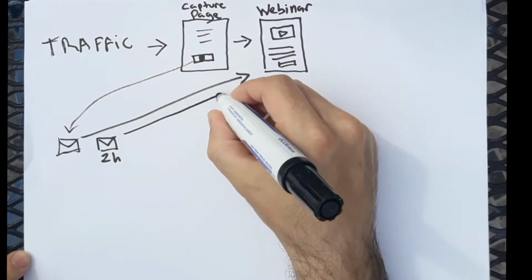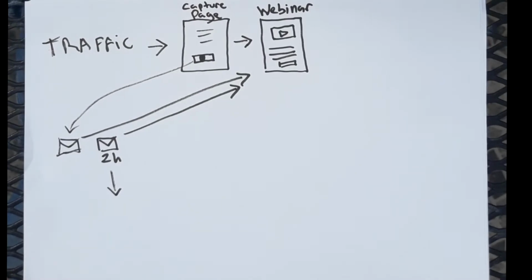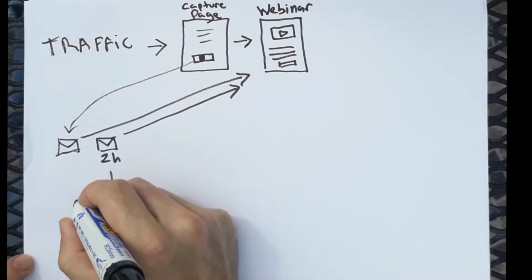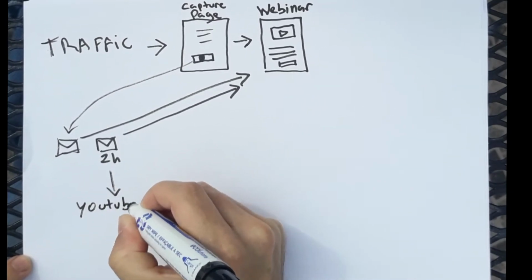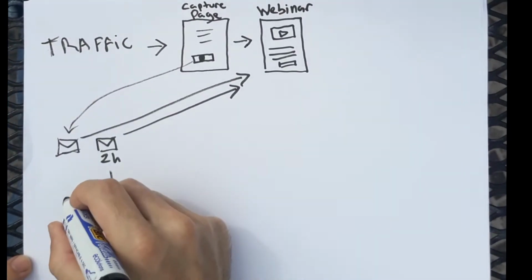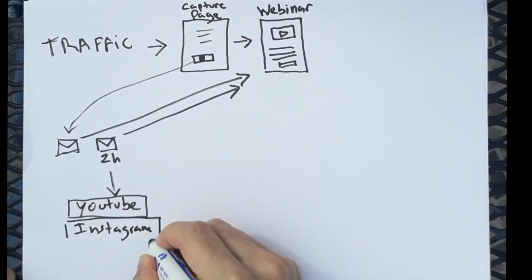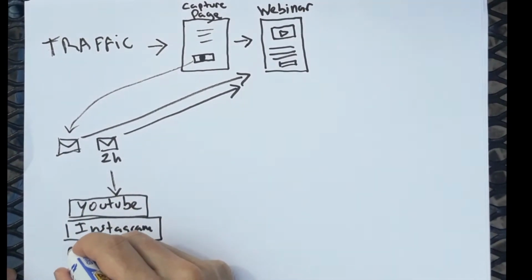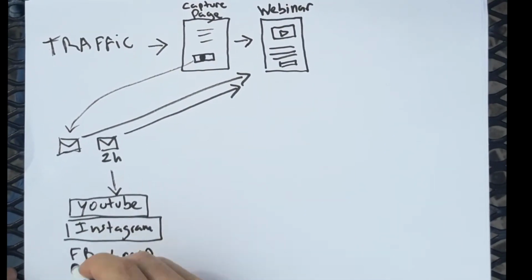Two hours later, and this email is crucial, I will be inviting them to get special bonuses, which is I will ask them to subscribe to my YouTube channel, to my Instagram, but in this case I'm not using Instagram, just YouTube and Facebook group.